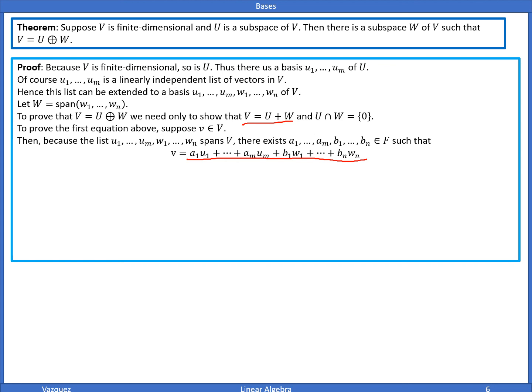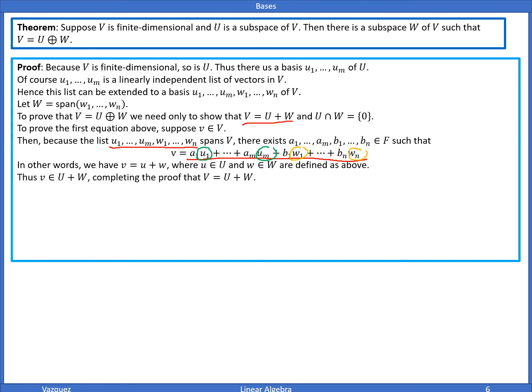Any vector can be written as a linear combination of those vectors since they span V. So in other words, v is equal to u plus w, where I'm going to use green for the u's, which are in U, and orange for the w's. Each of those w's is in W. Therefore, v is in U plus W, completing the proof that V is indeed equal to U plus W.